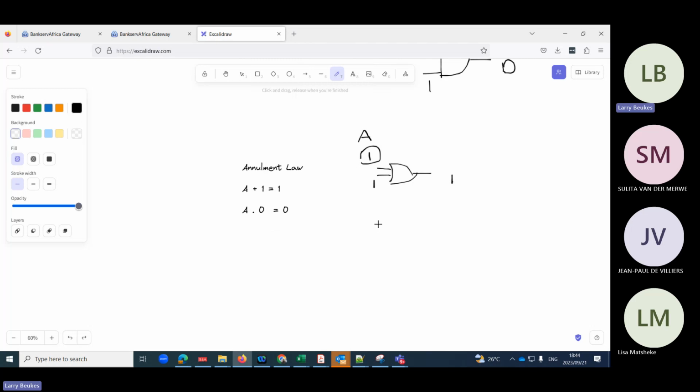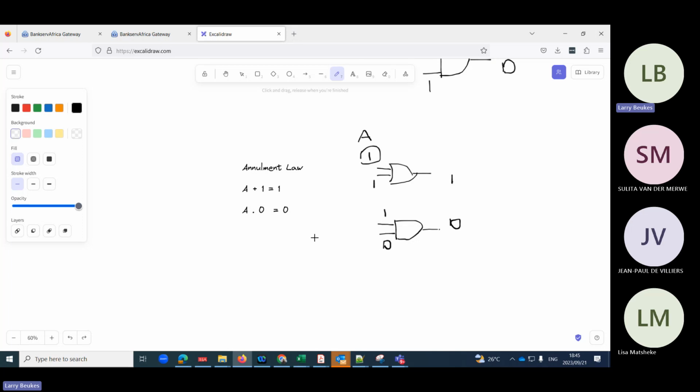Okay, and then if we're going to use the AND gate, we know that in an AND gate, both inputs must be high for the output to be high. So an AND gate works like this, right? 1, 1 should be 1. And if one of the inputs is low, the output will always be low. So this is what the annulment law is telling us.